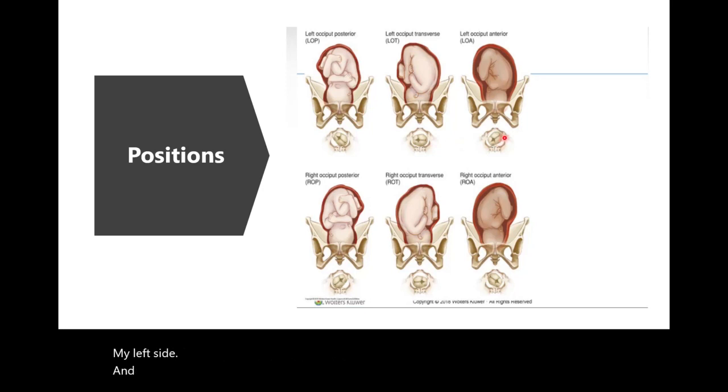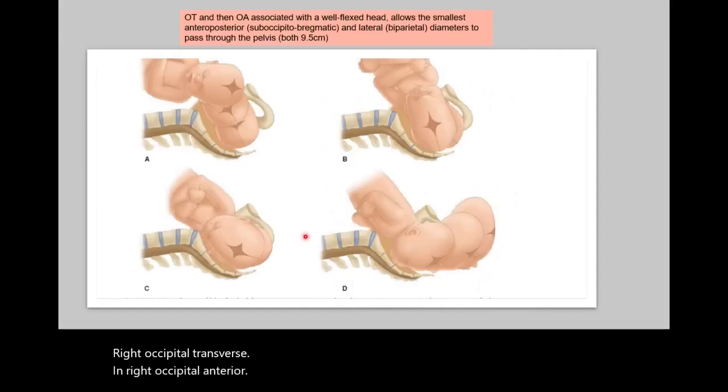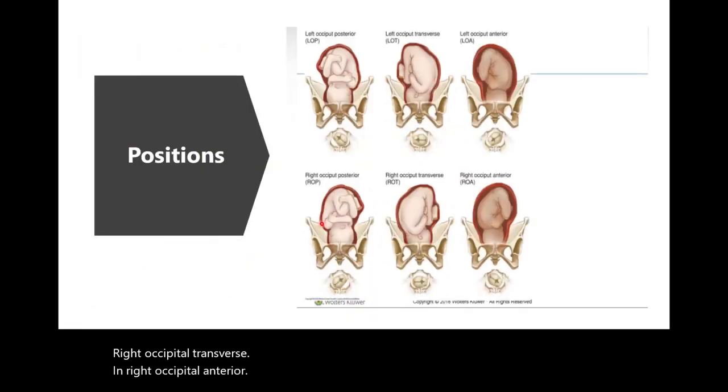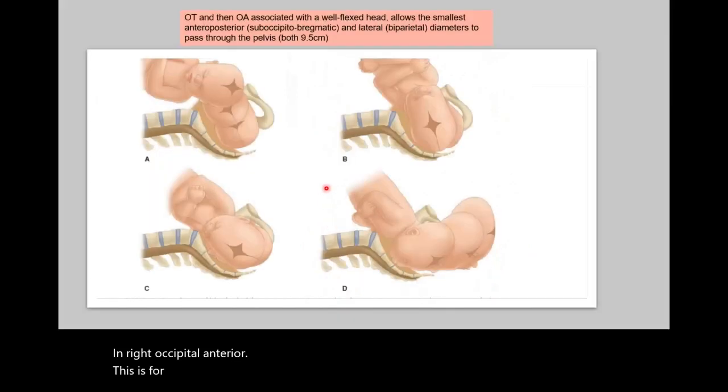And this is a left occiput anterior. The same way, this is the right occiput posterior, right occiput transverse and right occiput anterior. This is for vertex presentation.